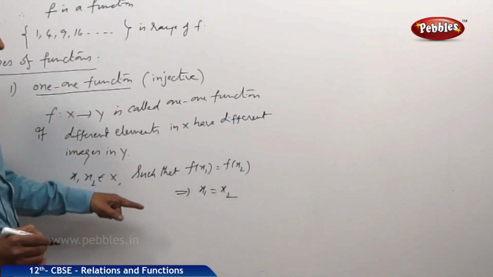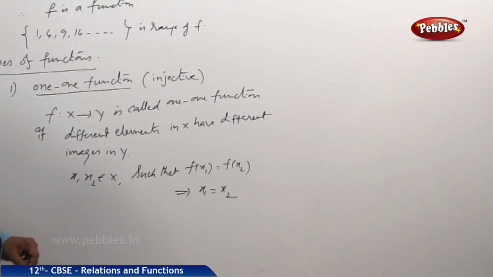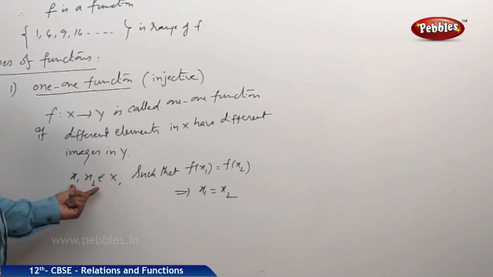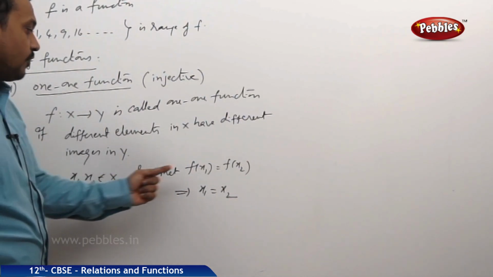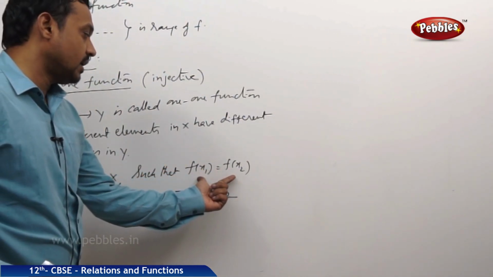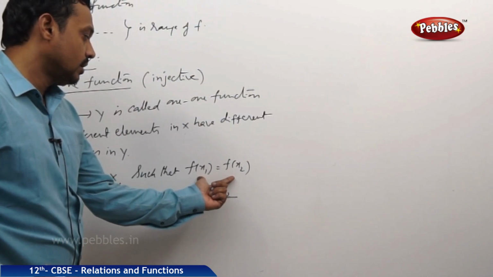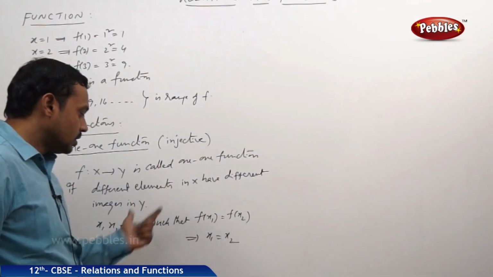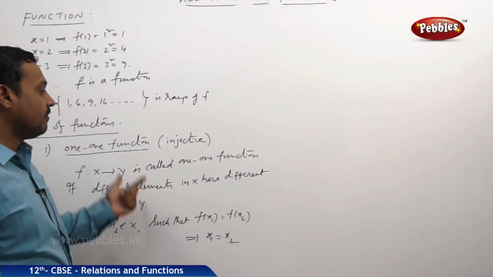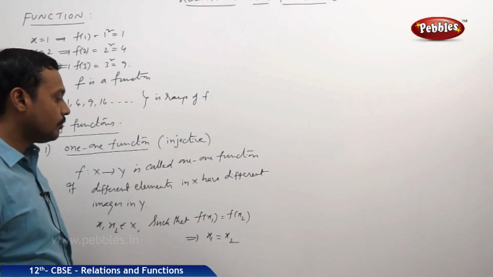Then the function f is said to be a one function. So when two elements are chosen from x such that f of x1 is equal to f of x2, that means their functional values are equal, then the two elements should be equal. Then also the function f is said to be a one or injective function.